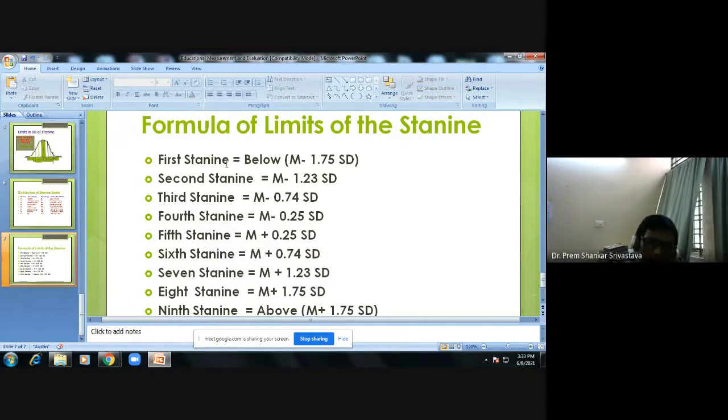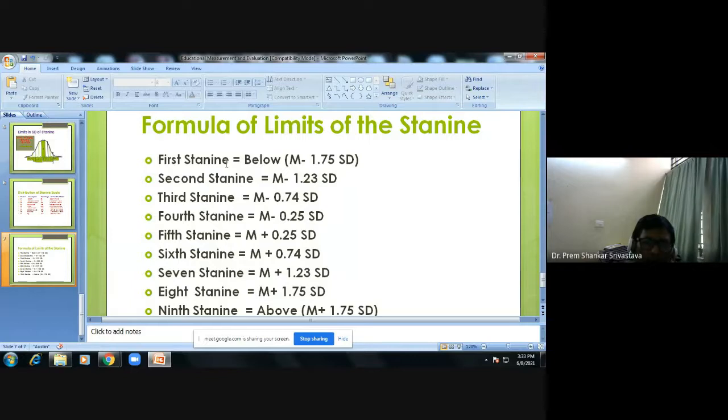The second Stanine is M minus 1.23 standard deviation, which is the maximum. The third starts from M minus 0.74. The fourth Stanine is M minus 0.25 standard deviation.